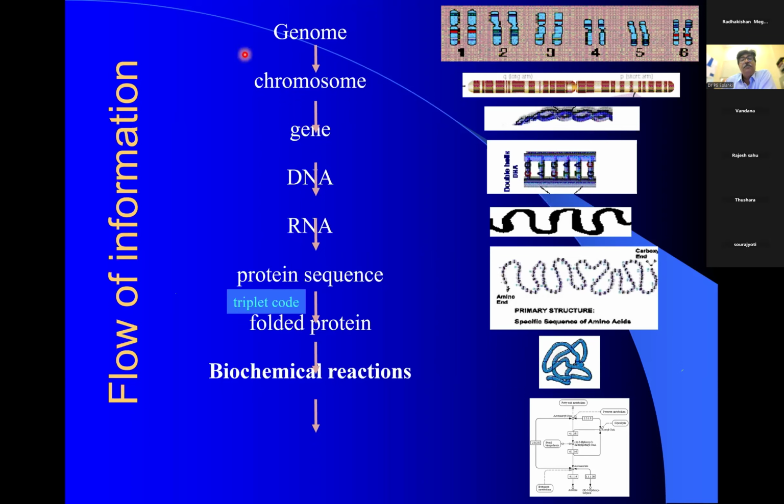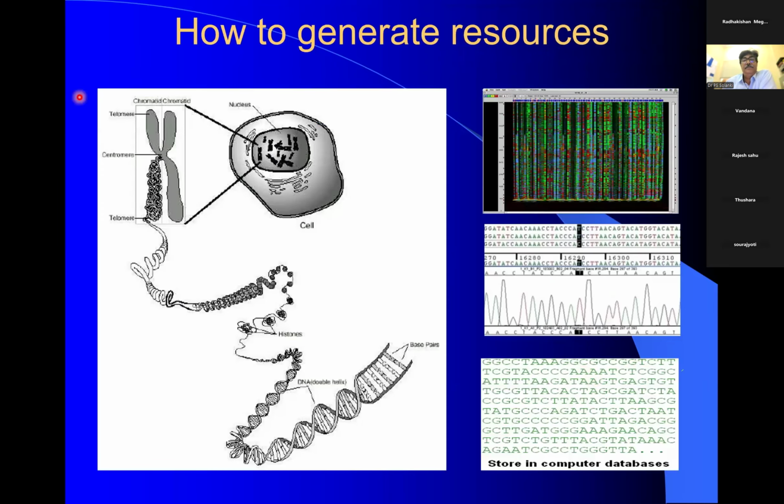So from the genome through this pathway, at every step we have some information, and at every step, if we have information, we have created databases based upon that information. So here we generate the information, and in my last class I explained about this.